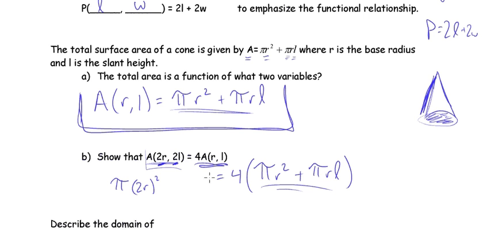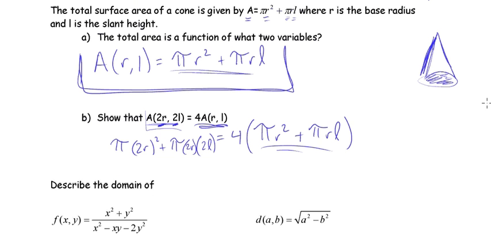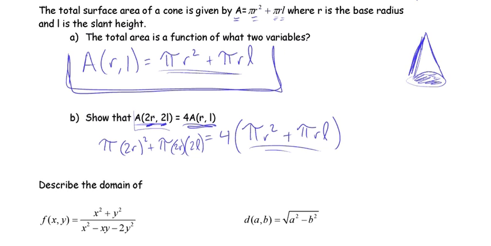And then plus pi, and again, instead of R, we're plugging in 2R, and instead of L, we're plugging in 2L. And now we'll just have to go through and evaluate it and show that they are in fact equal.